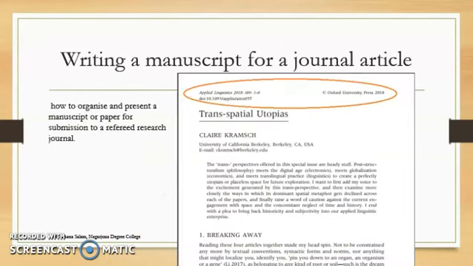So first we will see the writing of a manuscript. A manuscript for journal articles will be like this. So here you have an example. You can see the journal and the year, and then the topic, author name, which university, address, and the mail ID.